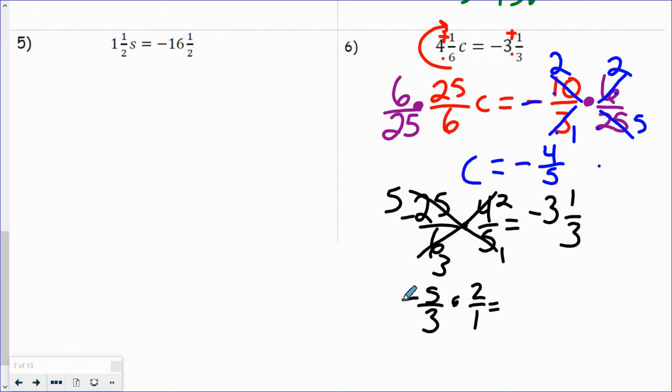Positive, negative. Different signs gives me a negative answer. And 10/3, is that equal to negative 10/3? Yes. Okay. So there's 2 problems out of your homework.